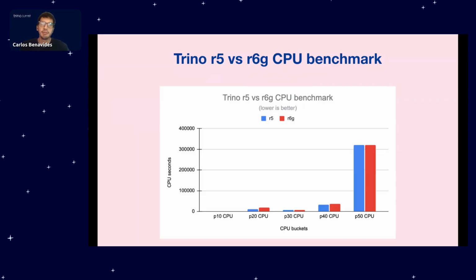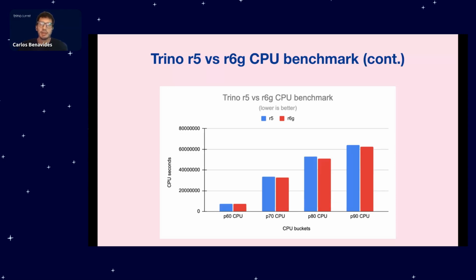Interestingly enough, for queries that were not as expensive, from the 10th to 50th percentile, we observed a 4% regression using R6G instances compared to R5 instances. However, the opposite effect happened for queries that were more expensive.